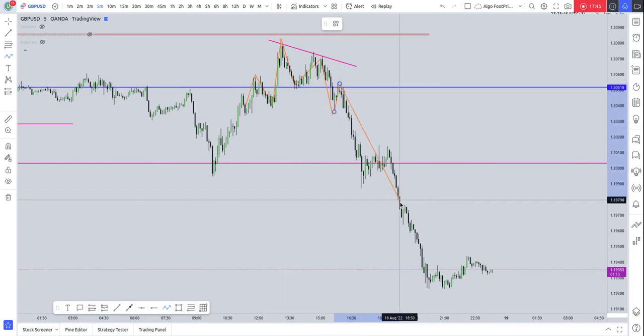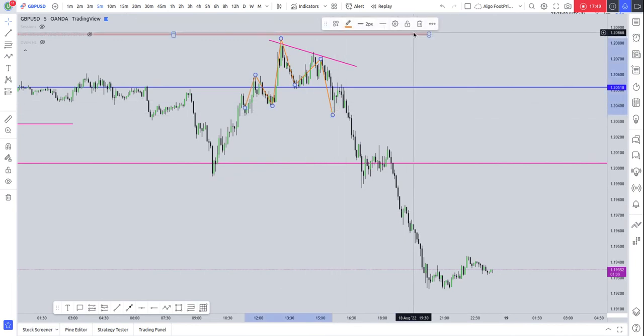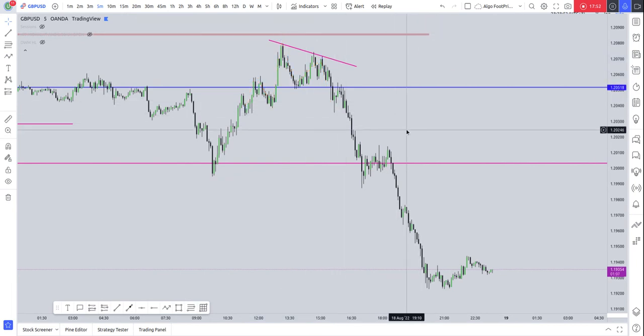Now you see that price, after taking this low, we made a retest and no candle closed above the horizontal line. Now this is where you have to understand about timing. ICT talks about time and price. If you did not get an entry during London session, during the first 2 hours of London session, then you have to wait for New York to open.